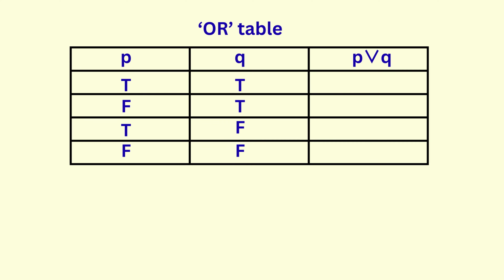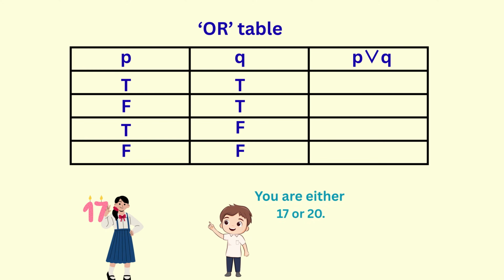Let's see what happens when we use the disjunction "or" to combine two statements. The symbolic representation would look like this and reads P or Q. Suppose Jill's true age is 17 and Jake is guessing her age. What if he said, "Jill is 17, or Jill is 20 years old"? Is the sentence true?